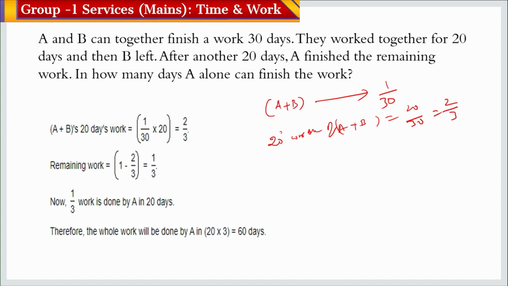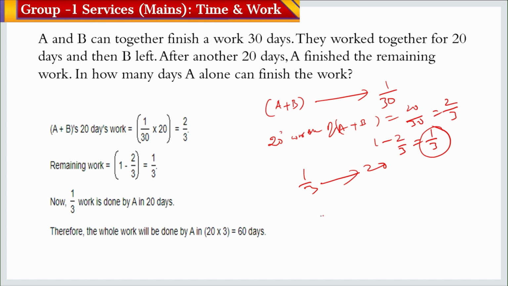What is the remaining work? 1 minus 2/3, which is 1/3. So 1/3 work was left. B left, and after another 20 days, A finished the remaining work, which means 1/3 work was done by A in 20 days.